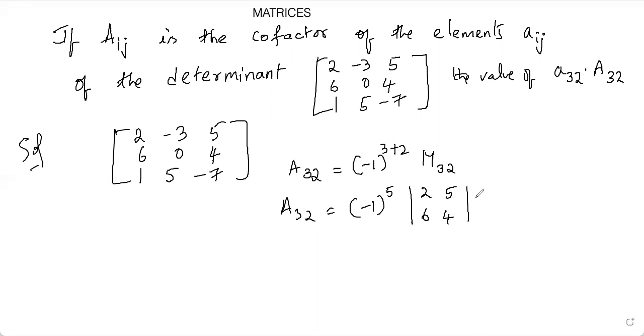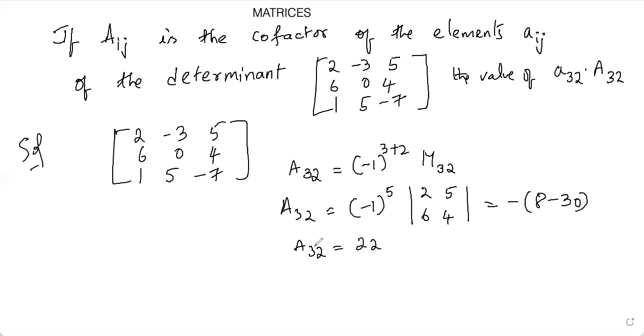After simplifying it, we get 2 into 4, which is 8, minus 30, and the minus outside, so we get A32 as 22 after solving it.